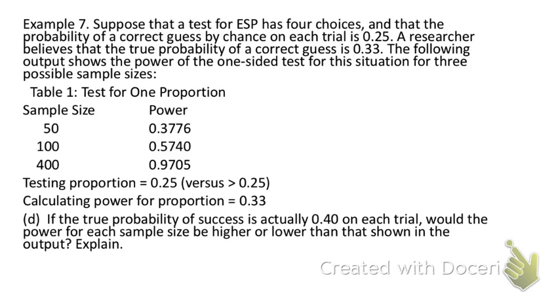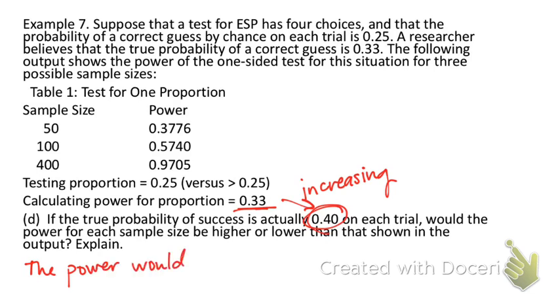If the true probability of success is actually 0.4, so now going from 0.33 to 0.4, what's happening? It's increasing. Would the power be higher or lower? Explain. Higher. How come? Because it gets further away from the 0.25. Yes.